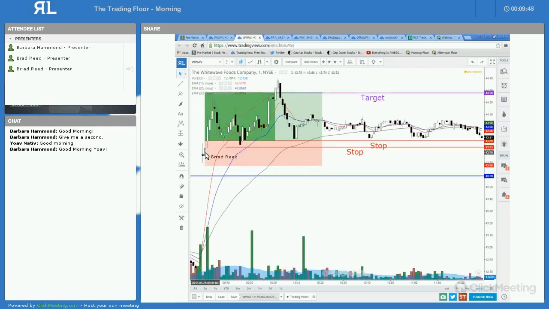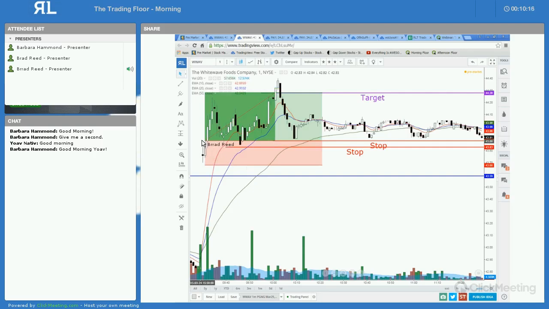After 2 minutes went by, we noticed that the high of those 2 minutes was 43.88, and the low was 43.70. So 43.88 minus 43.70 is 18 cents. It's a $43 stock, so 43 cents would be about 1%. We had a really nice and tight entry to stop, definitely less than the 1.5% criteria.